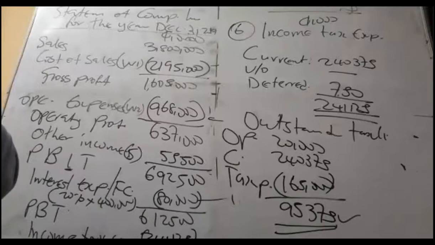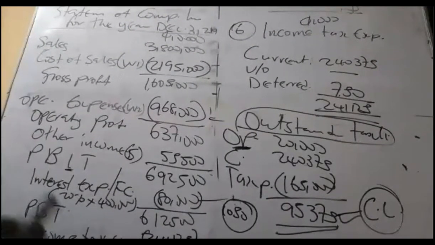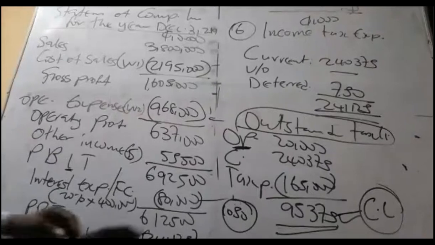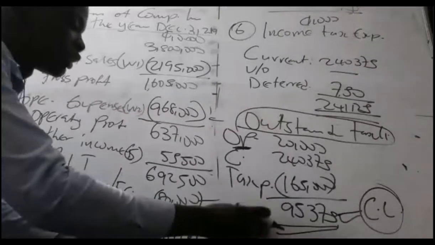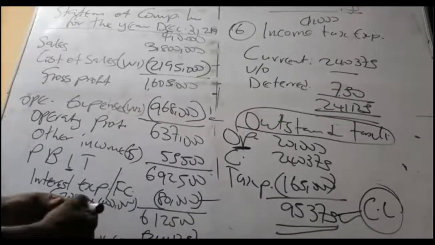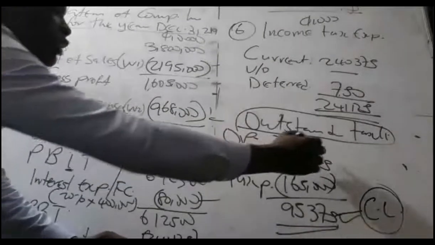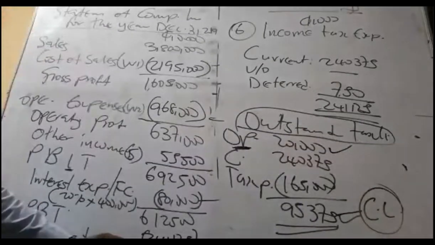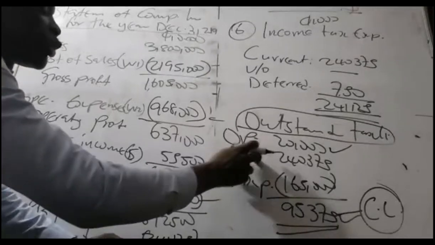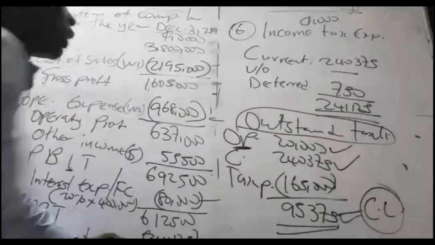Okay, so someone has a question here. Great. So we said that this is outstanding tax liability because at the start they have some arrears to clear, which is 20,000. This year they made a provision, which is also a liability.